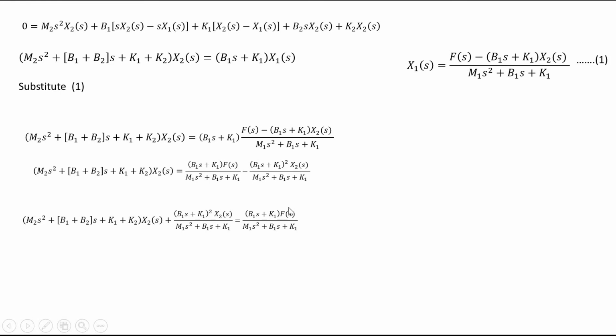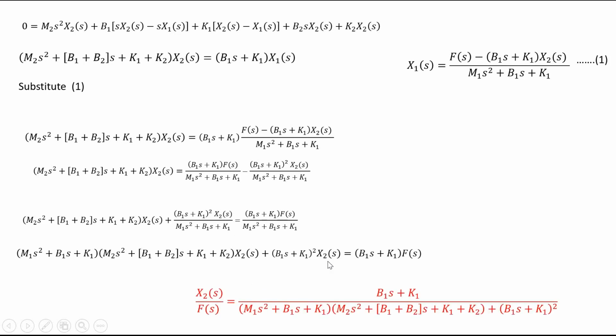We have to find x2 of s by f of s. Again we can multiply this and add this. So this will be cancelled. m1 s square plus b1 s plus k1 into this term into x2 of s plus b1 s plus k1 whole square x2 of s equals b1 s plus k1 f of s on this side. The denominator will be cancelled.